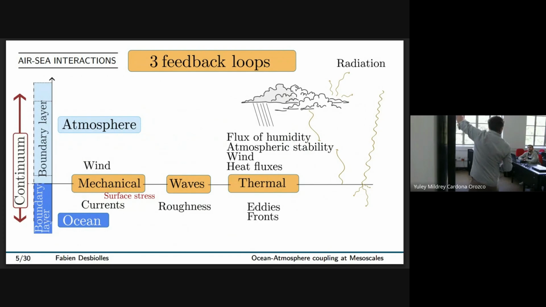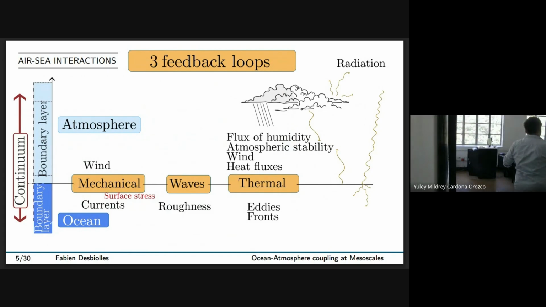The wave feedback, which controls the roughness of the sea, and the thermal feedback, so how the sea surface temperature structure controls some atmospheric variables, which are heat fluxes, wind, atmospheric stability, flux of humidity, and all those processes are very important for clouds and rain. And if we mention clouds and rain, that means that it's very important for radiation and the heat budget in general of the system, right?